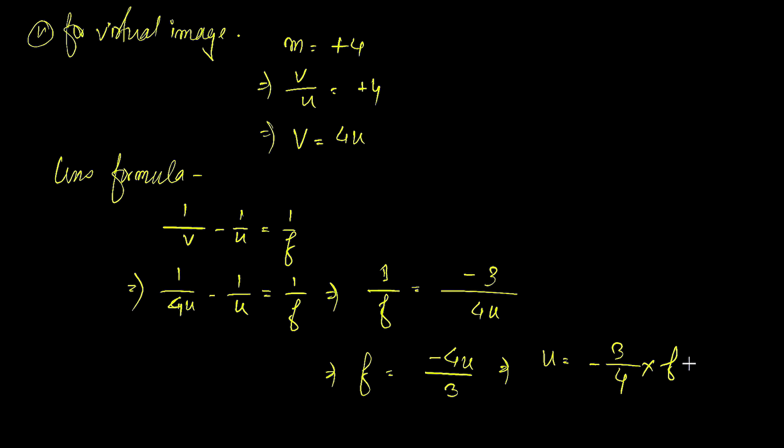So I'll just write this down here. Minus 3 by 4 into 0.20. If you solve this part, we are going to get 0.15. That means you are going to get u equal to minus 0.15 meter. Right or wrong? So what can you write?